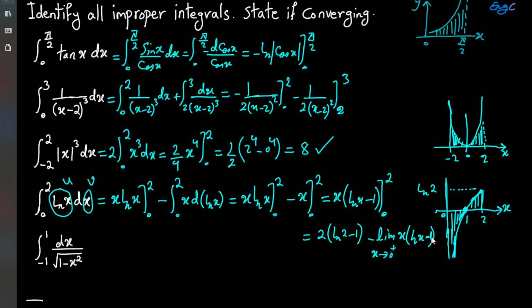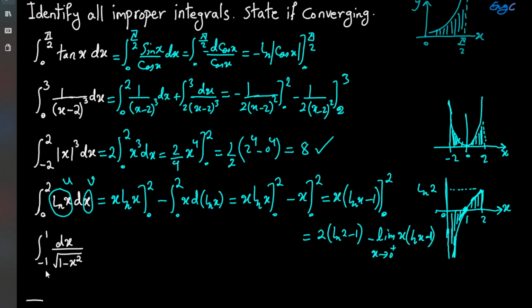Here we have an issue because we have to substitute 0 for x, and ln 0 is not defined. So for that reason, this integral is undefined. It means it's not converging, it's an improper integral that is not converging, indicating that the area under ln x is an infinite value, not finite.